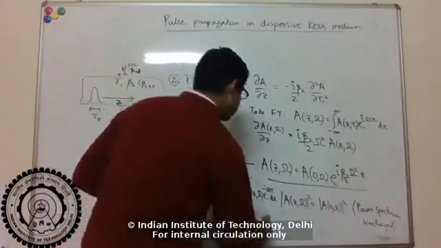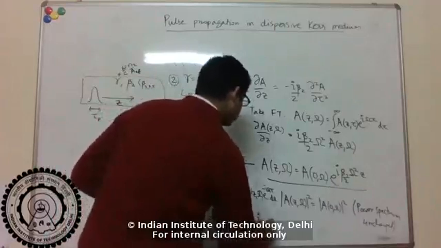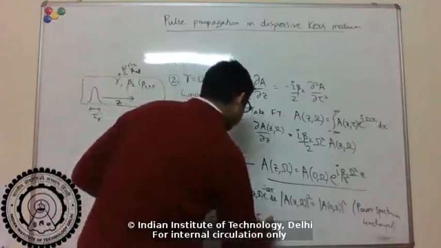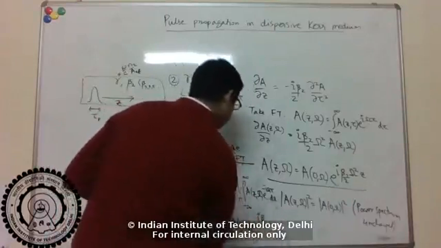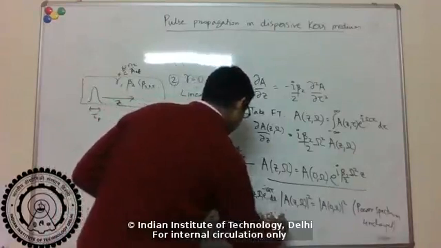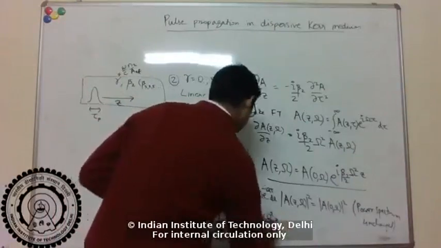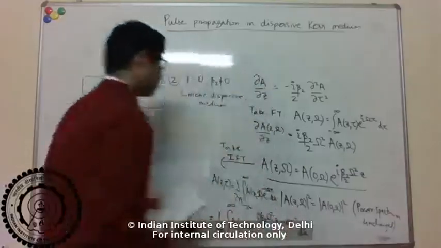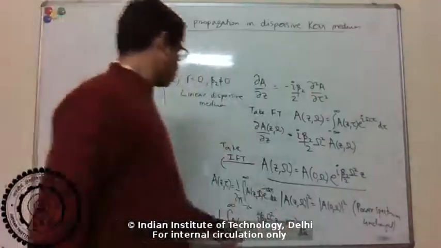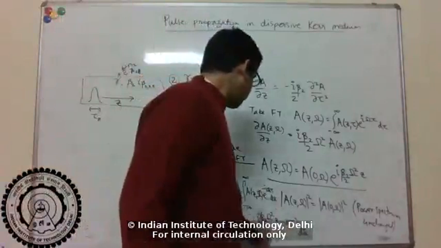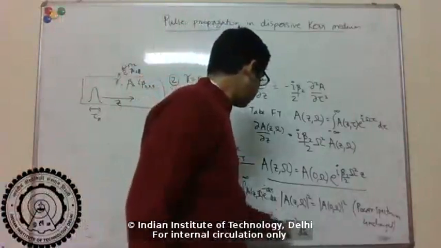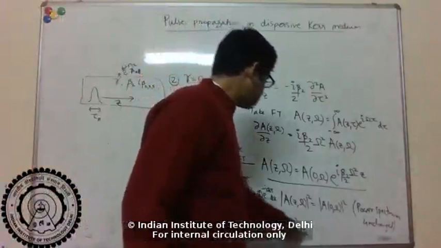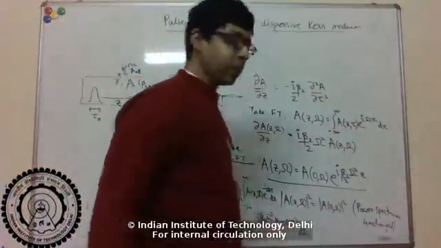Right, so the integral we have here is, okay, e to the i some quadratic function in omega, right? And we integrate over omega.